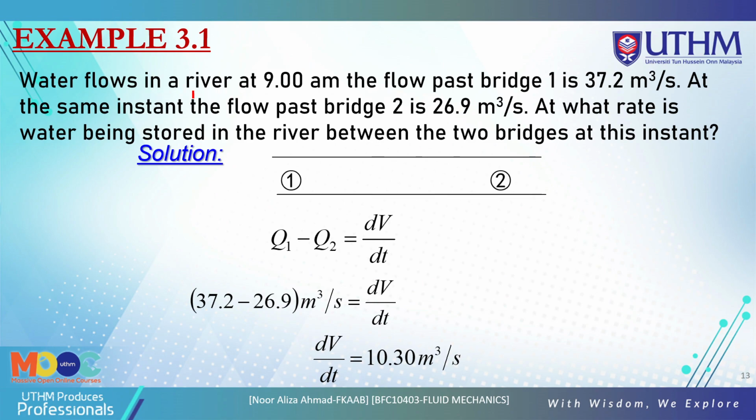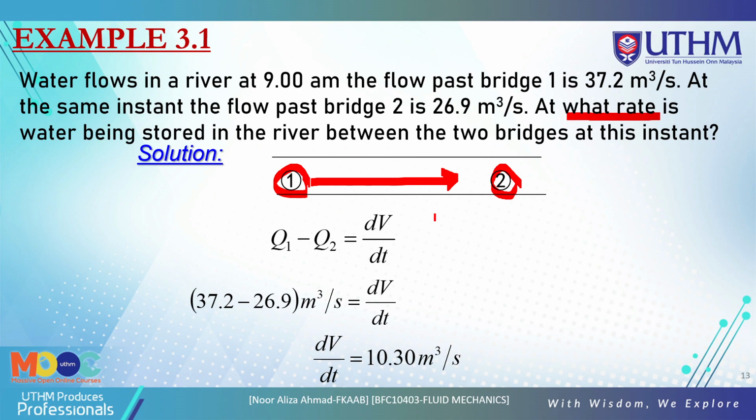Okay, so now we look at an example. Water flows in a river at 9 a.m. The flow past bridge 1, at point 1, flowing to point 2, is 37.2 meter cube per second. At the same instant, the flow past bridge 2 is 26.9 meter cube per second. At what rate is water being stored in the river between the two bridges at this instant?